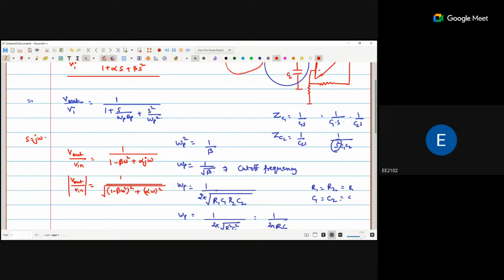And we know at the cutoff frequency the magnitude will be 1 upon root 2. So if Vout upon Vin is down at 1 upon root 2, the maximum upon root 2, okay, maximum upon root 2.